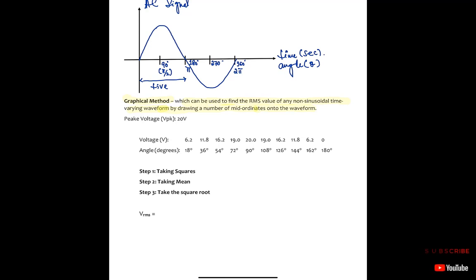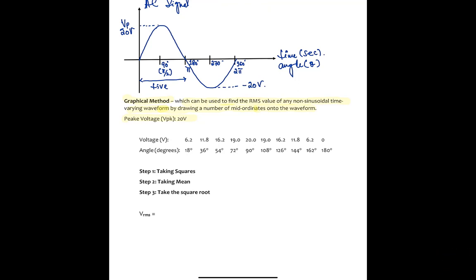It's also given over here that the peak voltage is 20 volts. So say this voltage over here is the peak voltage, and it's 20 volts, which would also mean that this negative voltage over here is negative 20 volts. But remember, we're not really concerned about that negative part.